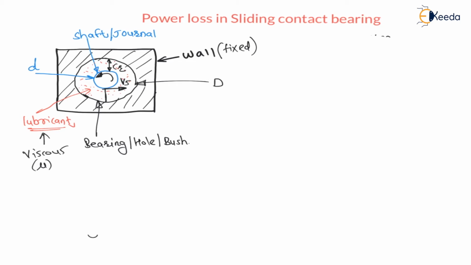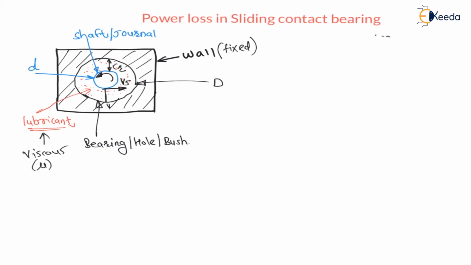Now here I am erasing everything. Now let us go for finding the shear stresses. We know that this wall is under stationary condition, therefore the first layer of fluid in contact with the wall or bearing is under the no slip condition as per fluid mechanics. Therefore this point will have zero velocity.